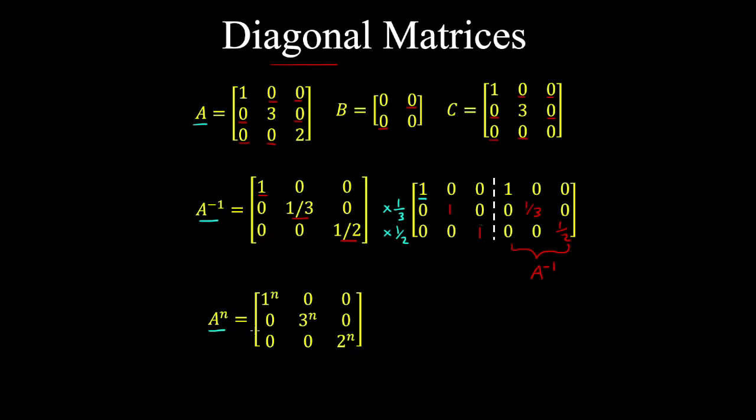Now the powers of a diagonal matrix are easy to calculate. So if n is a positive integer, we effectively raise each diagonal element to the power of n. We can see this by multiplying A with itself several times.